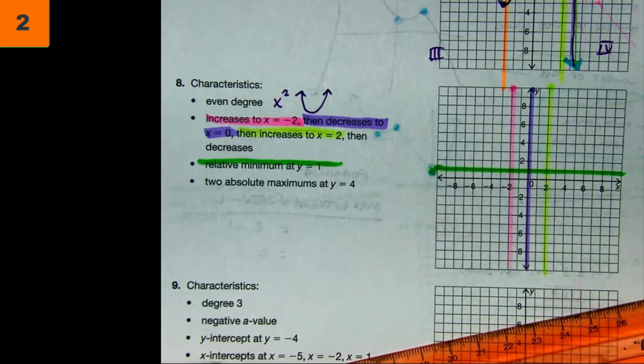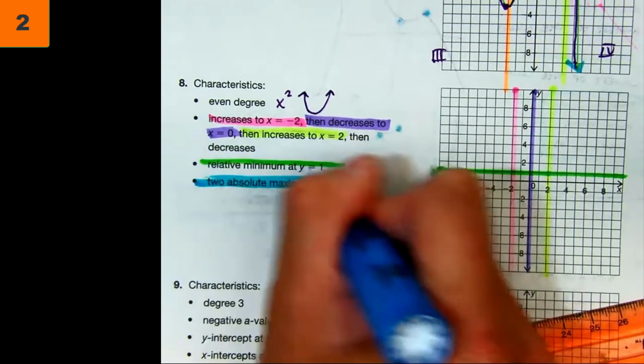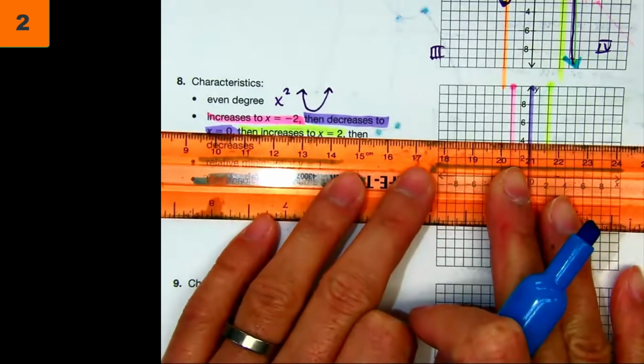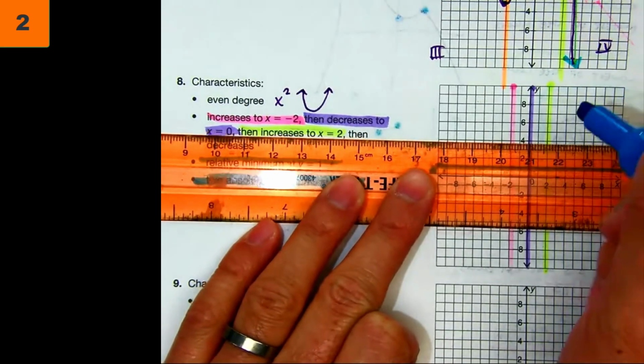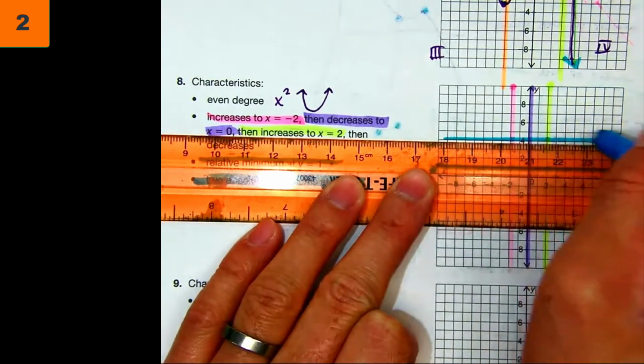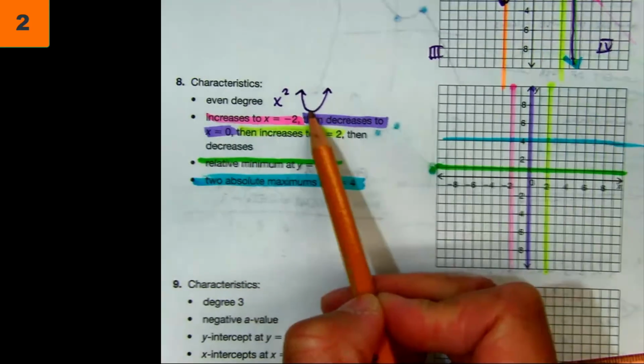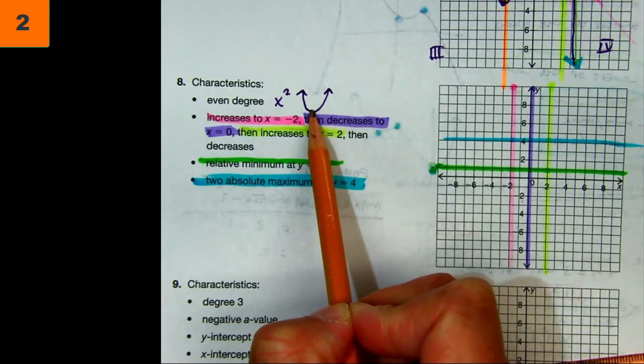And then the last one, 2 absolute maximums at y equals 4. So it means at this point in blue, I'm going to have 2 maximums. Let me think about this. Get a pencil ready. If it's a maximum, can I have a maximum here, class?